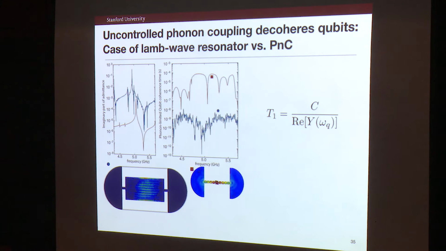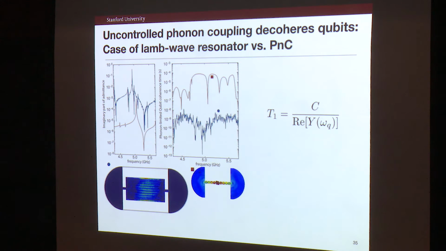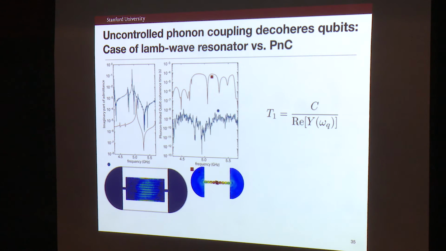So here's an example. This is a simulation of a type of resonator that's commonly used in the MEMS community. They have fairly good Qs. It's basically an interdigitated transducer on a thin film of lithium niobate, or it can be any material that's piezoelectric.